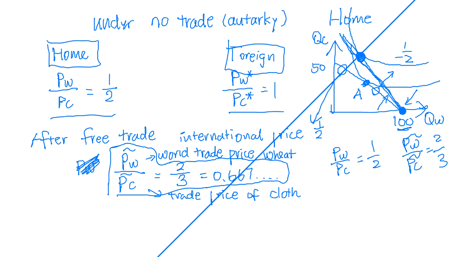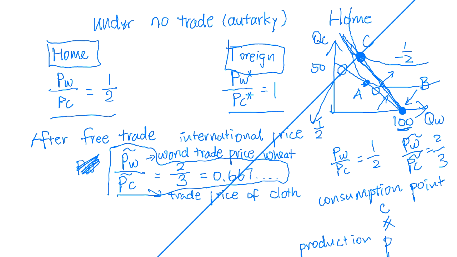In the book, it tells you after free trade, the consumption point, which is C here, is not equal to the production point, which is B here. That's the reason why you need to trade, right?